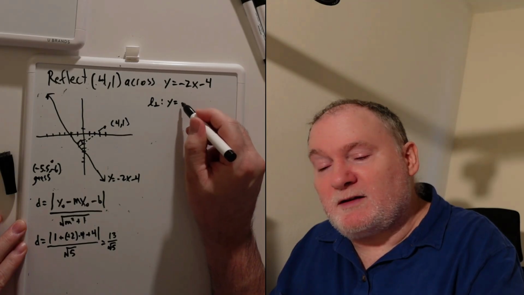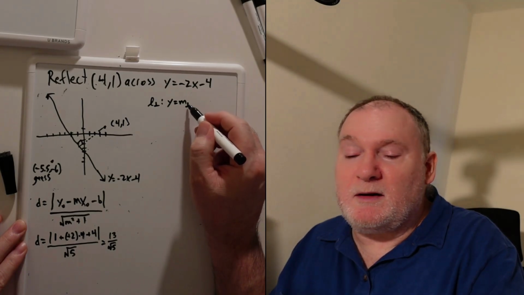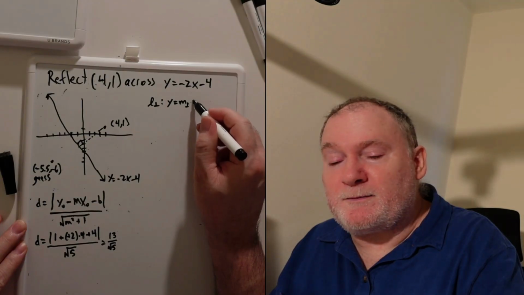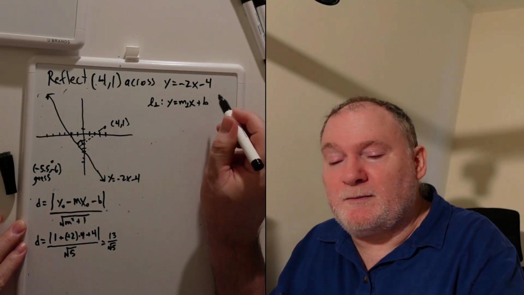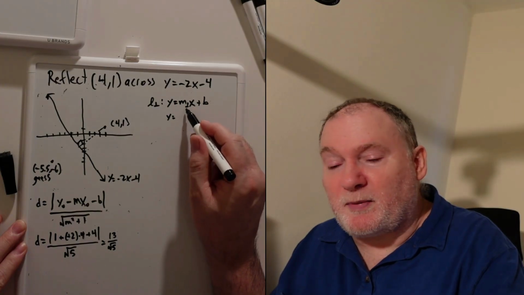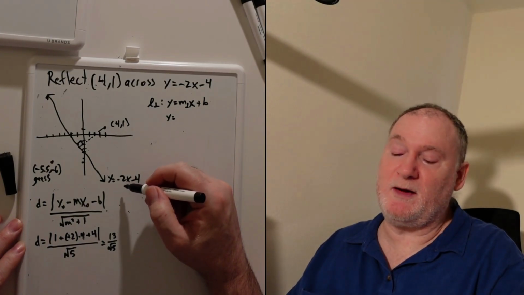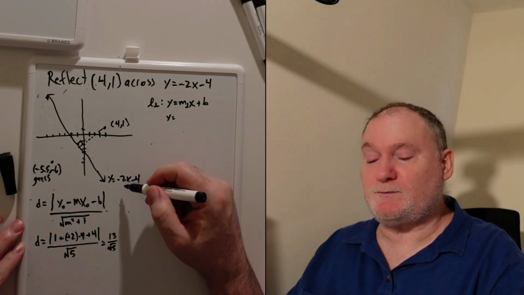y is equal to some m, I'll put m perp, mx plus b. So y is equal to the perpendicular slope of -2, you flip it over and you take the negative sign of it.